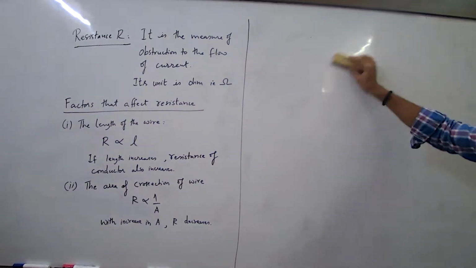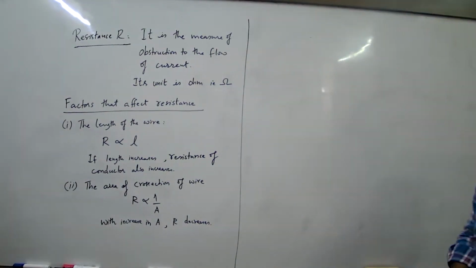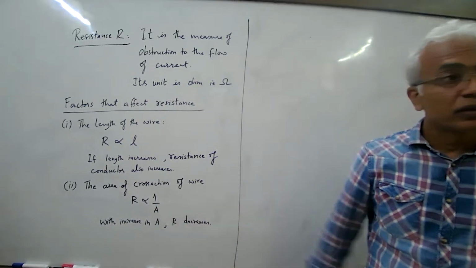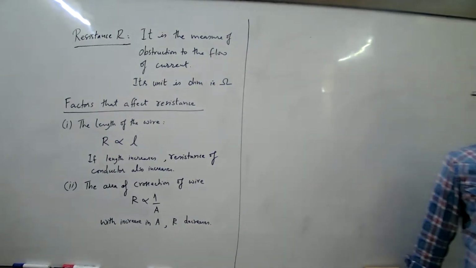So if the area is doubled, that is 1/2. Resistance is inversely proportional to area, no? Inverse relation.